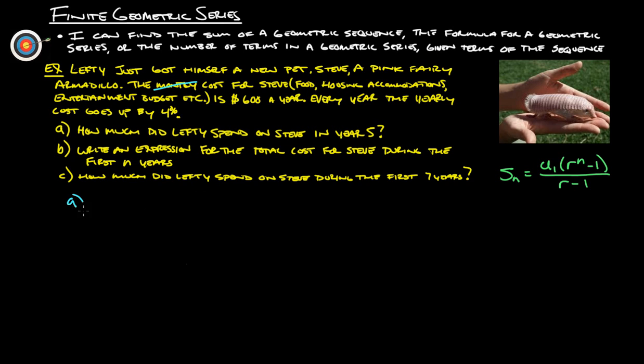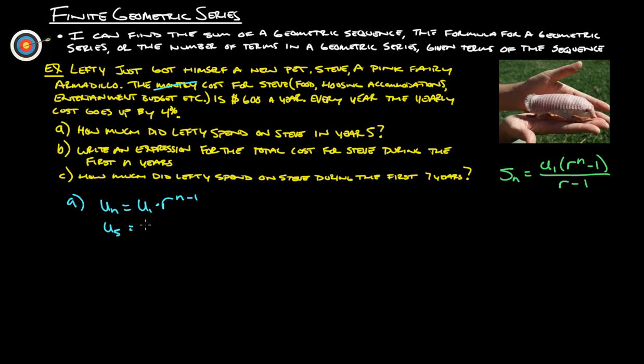For part A, let's see. How much did Lefty spend on Steve in year 5? It's just the 5th year, so we don't necessarily want the sum. We want the u sub n, which is our u sub 1 times the rate to the n minus 1. So in this case, we're going to do 5.